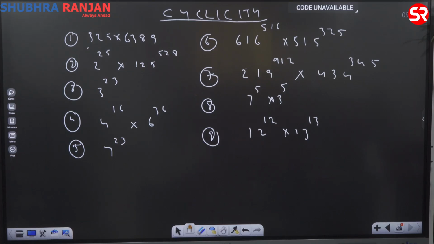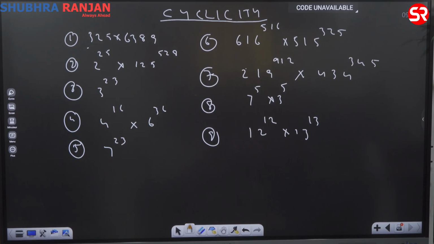Definitely, you can do 1, 2, 3, 3, 4 questions very easily. By seeing itself, you can tell 4 answers. The rest will take some time because you don't know the concept. Okay? It's okay?